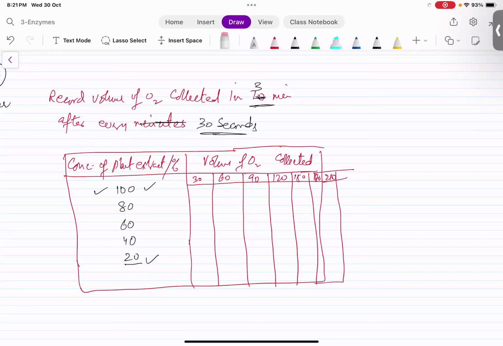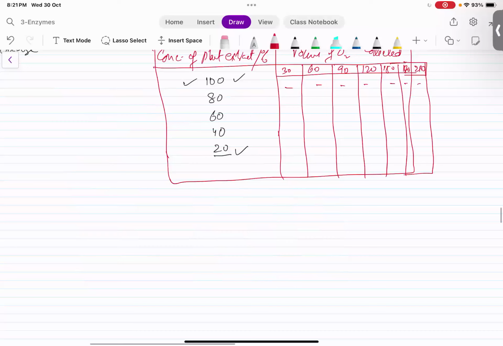So this would give the progress of an enzyme action over a period of 3 minutes, and we record this volume after every 30 seconds.